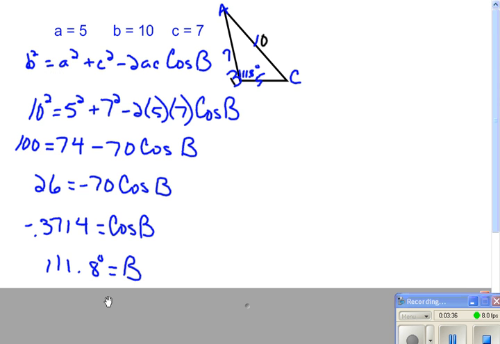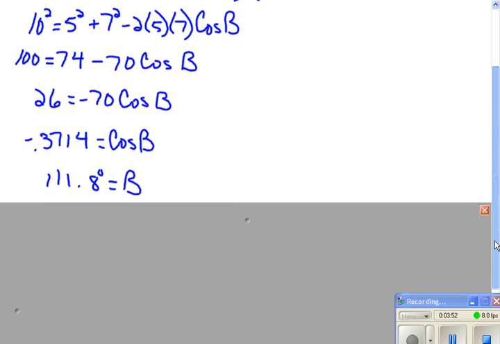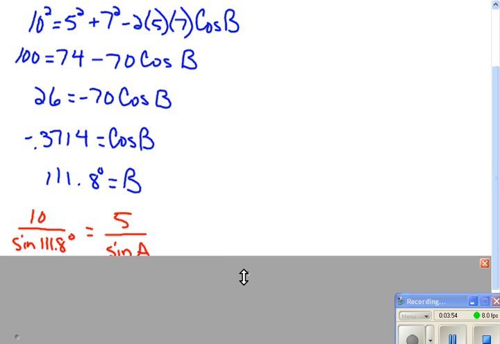Then we continue on. Now that we know an angle with its corresponding side, now we can find another angle using the law of sines. And I'm just going to go alphabetically.